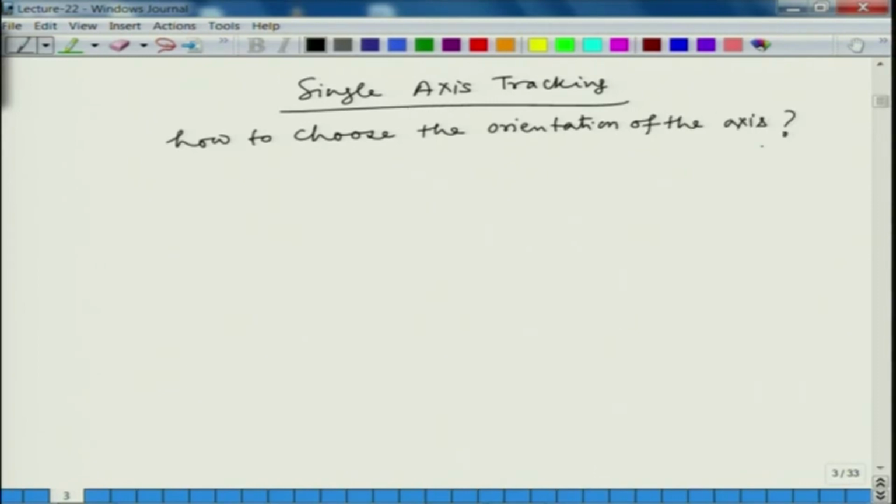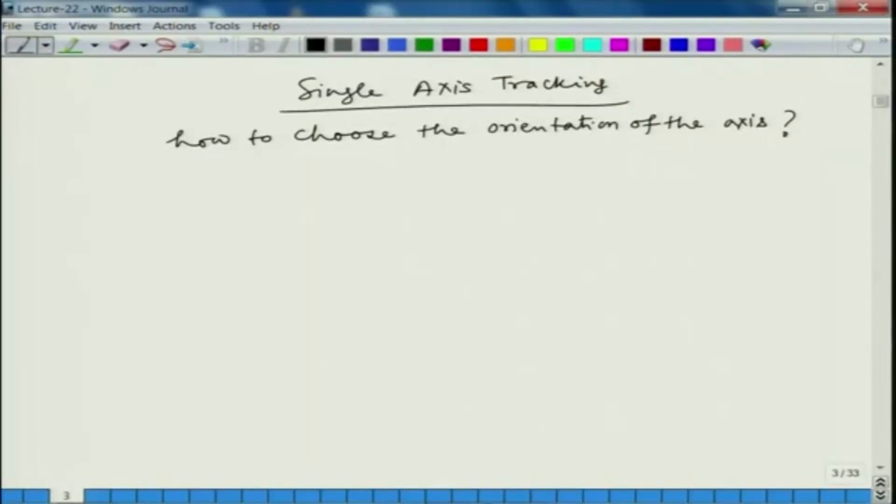For full tracking, whatever orientation of one axis you take, the other will be perpendicular to it, and each time it will focus on the sun. So that is easy, in the sense that you do not have to optimally choose the angles.